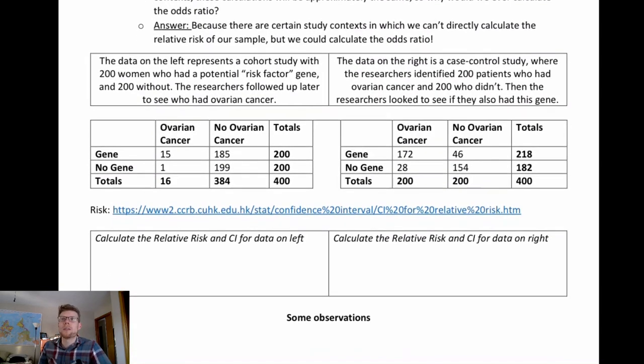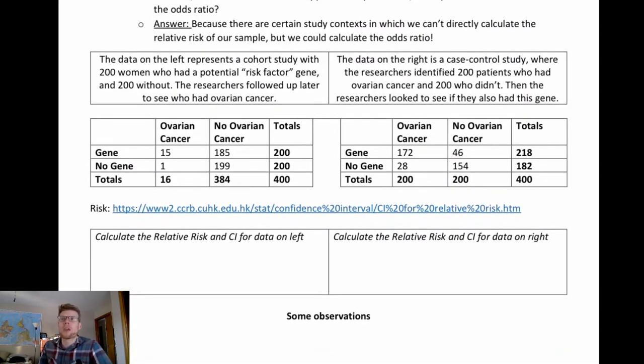So the study on the left represents a cohort study with 200 women who had this potential risk factor gene for ovarian cancer, and 200 women who did not. Since we're doing a cohort study, we are identifying these participants based on whether or not they have this treatment factor, this risk factor, whatever we want to call it.